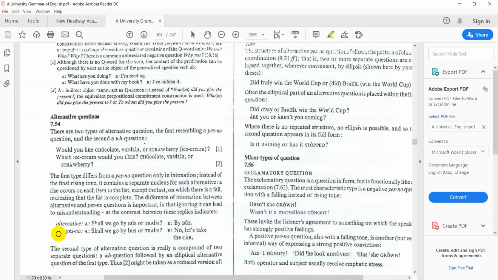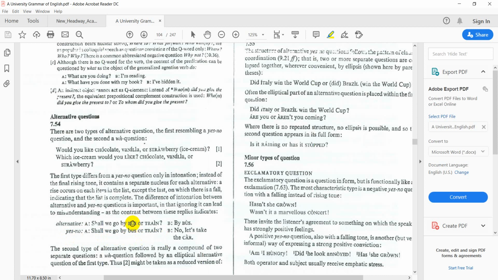See, we have alternative and yes-no. Alternative: shall we go by bus or train? The reply will be by bus. See, yes-no question: shall we go by bus or train?